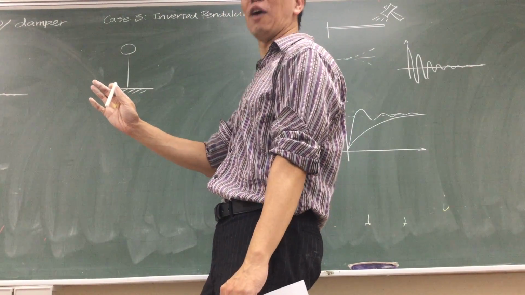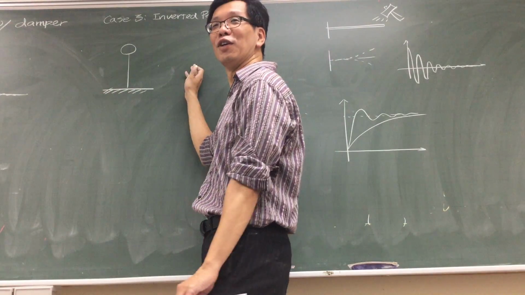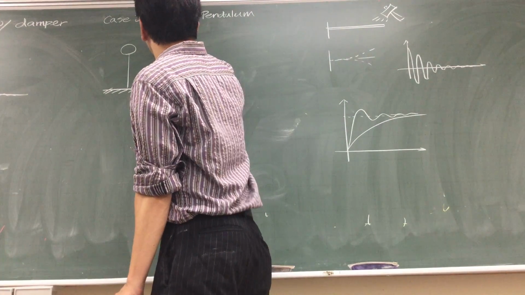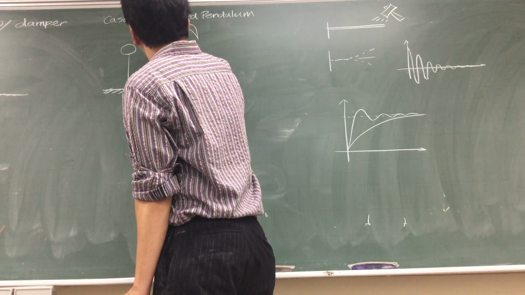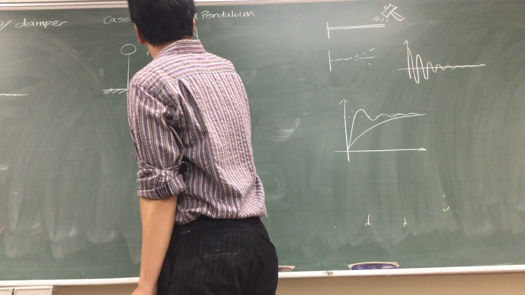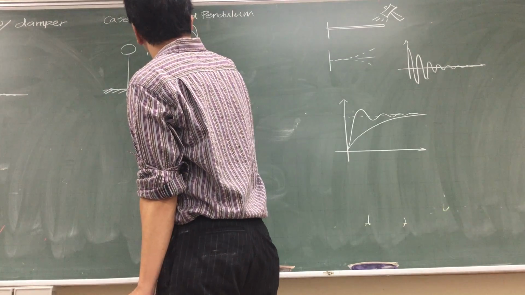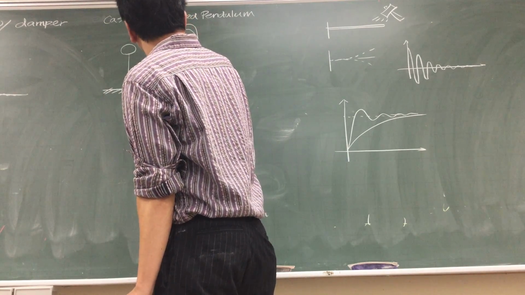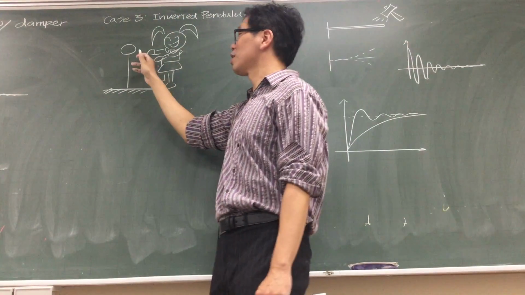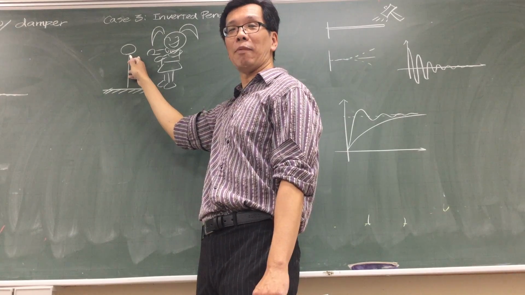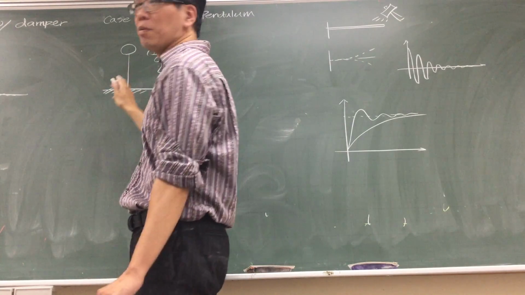Nicely. Now, you know who will come here. So the girl puts a slight force to this one. What happened? Well, this one certainly is going to be 0 degree.